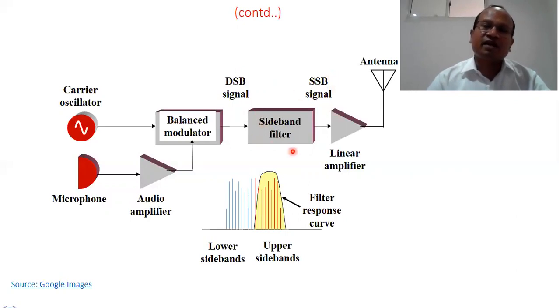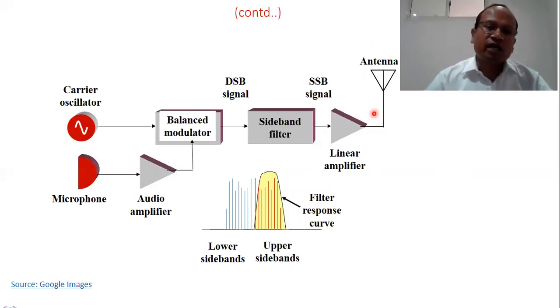SSB is generated because one of the sidebands will be rejected and the other sideband will be selected. And that selected sideband, after passing through these electronic circuits, again needs to be boosted. So we amplify using a linear amplifier, and then the single sideband can be transmitted through the transmitting antenna.